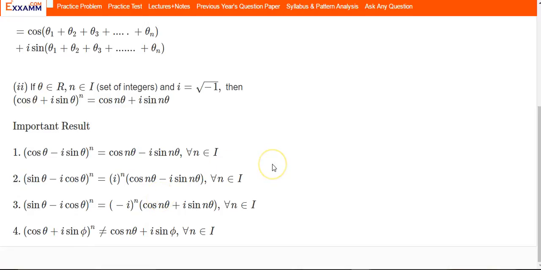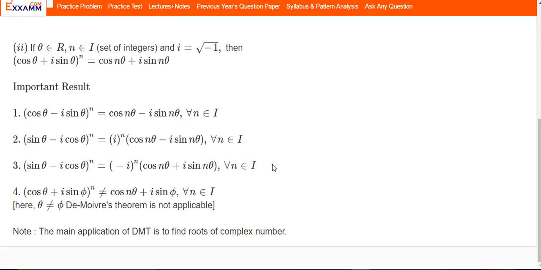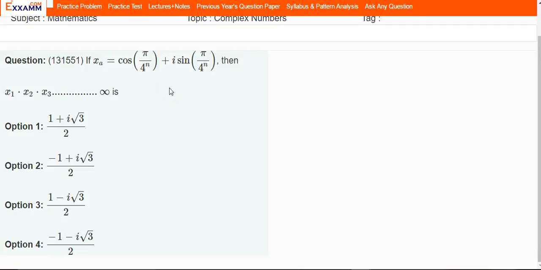The main use of de Moivre's theorem is in finding roots of unity, whether they are cube roots of unity, or especially nth roots of unity. De Moivre's theorem is found to be very useful.